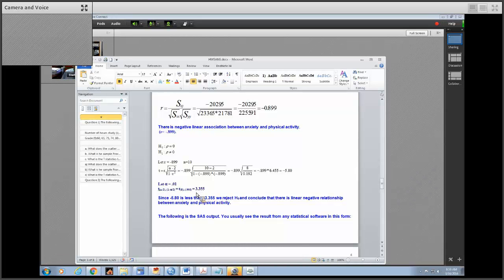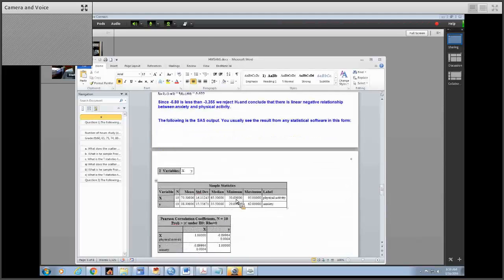So you're looking at the left side, either the absolute value or the left side. Since negative 5.8 is less than negative 3.355, we reject the null. Or you can say if the absolute value of negative 5.8 is greater than 3.355, you reject and conclude there is a linear negative relationship.